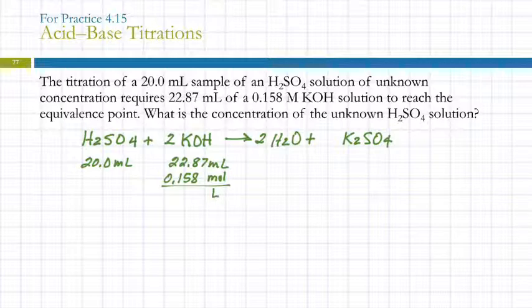And then what I'm trying to find is the concentration of the unknown H2SO4 solution, so question mark. The most common units for concentration in chemistry are moles per liter, so we can assume that.